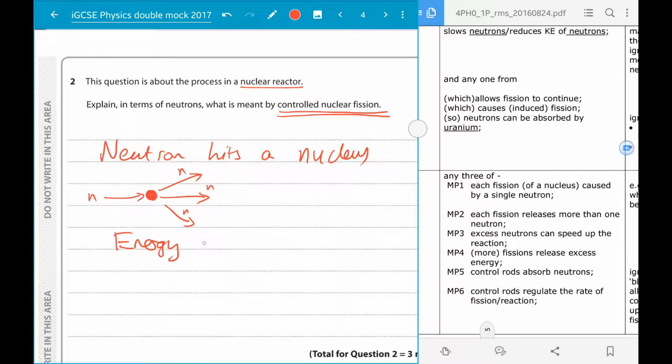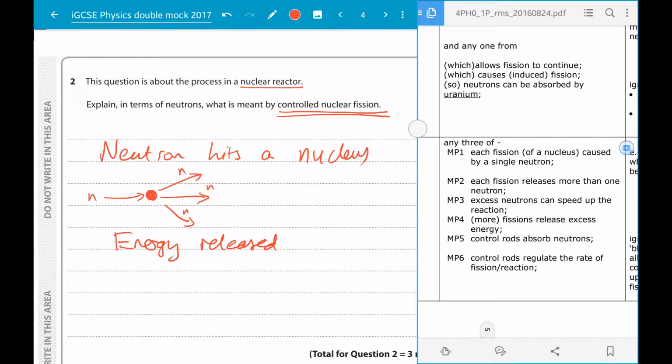If you said something about this releases energy, then that would have got you the 4th mark. You could also say for marking point 5 and 6 that control rods are used to control the reaction. The question is actually about controlling a nuclear fission reaction.